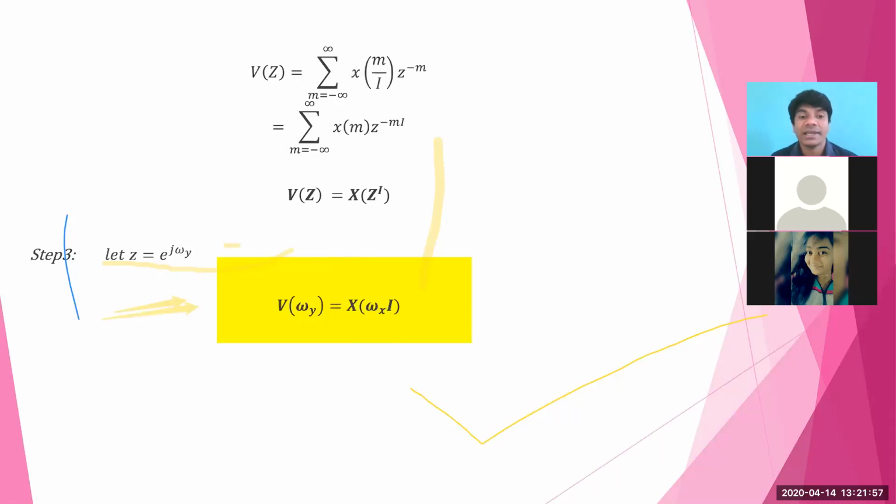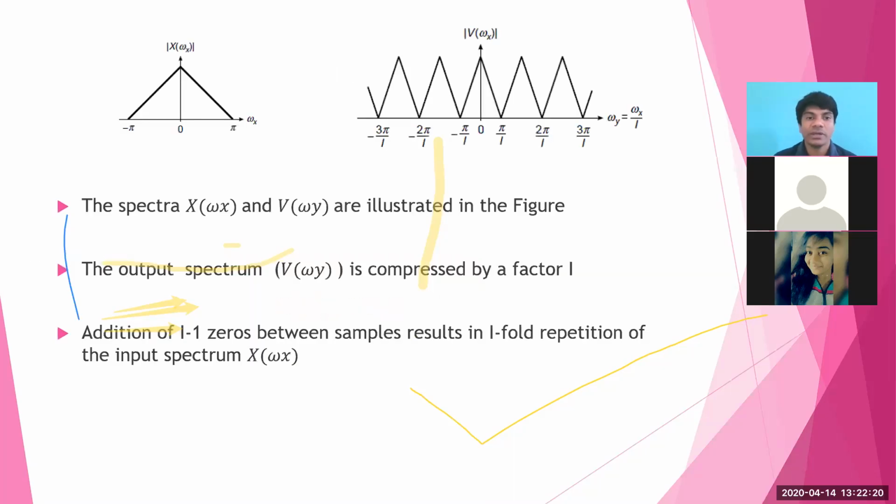So which means that if you earlier had, let us say, two images or two copies of the spectrum, and if you upsample it by, let us say, a factor of 10, then the resultant spectrum will have 10 more copies of that particular input spectrum. That is what I'm going to explain to you.